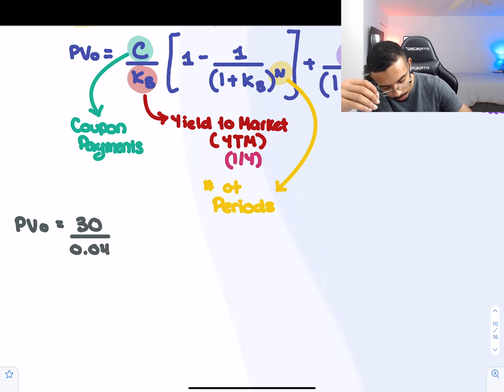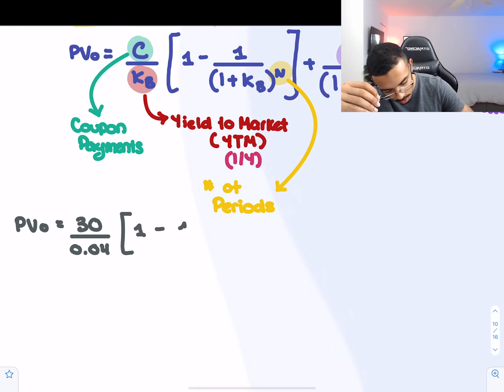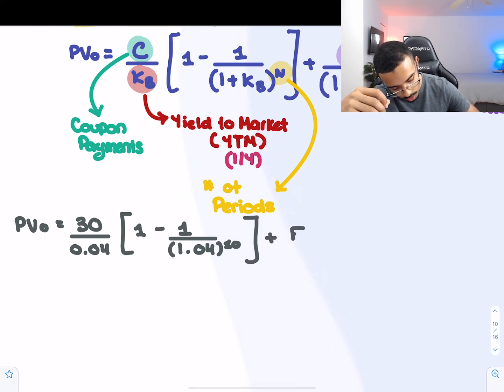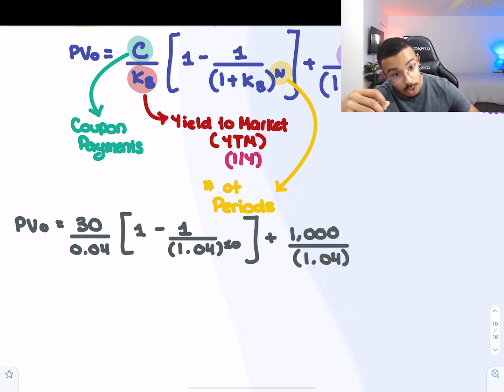Okay. So we're going to divide that by 0.04. Okay. Then we're going to multiply that value by 1 minus 1 over 1 plus KB, so 1.04 to the power of 10. All right, and then we're going to do that plus the face value, which we know is 1,000, over 1.04 to the power of 10.